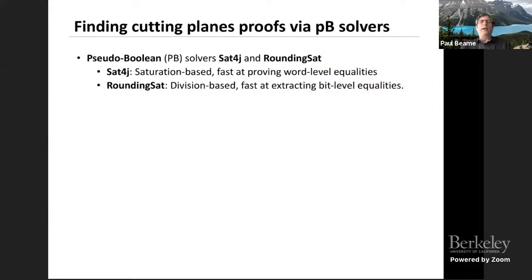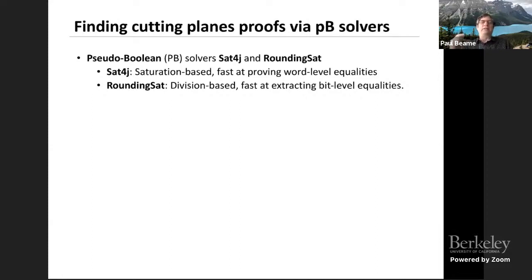What about finding these cutting planes proofs via pseudo-Boolean solvers? The 2 solvers that we worked with are SATforJ in its full cutting planes mode and RoundingSAT, which I mentioned earlier. These have 2 very complementary approaches to how they derive and learn new inequalities.